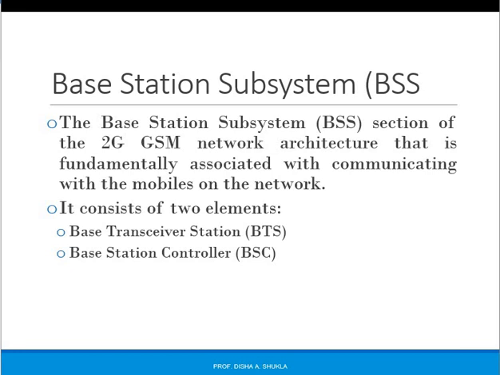So the first one, the base transceiver station, the BTS used in the GSM network, comprises the radio transmitter receiver and their associated antennas that transmit and receive to directly communicate with the mobile. The BTS is the defining element for each cell.